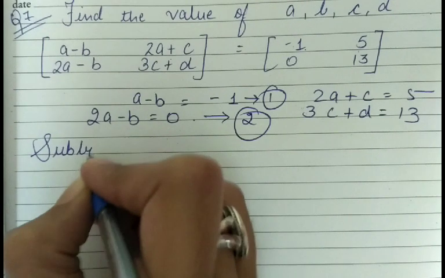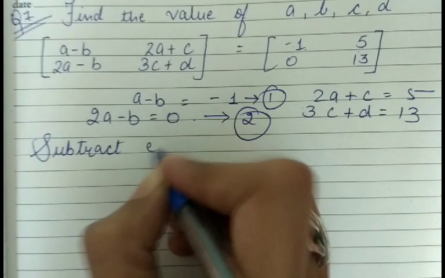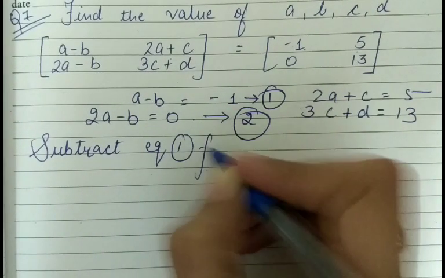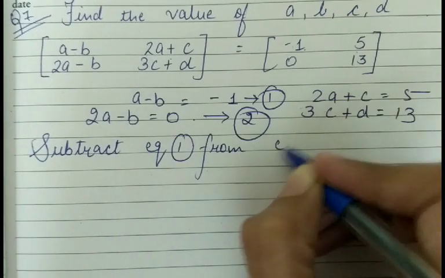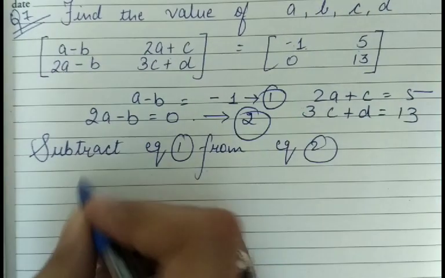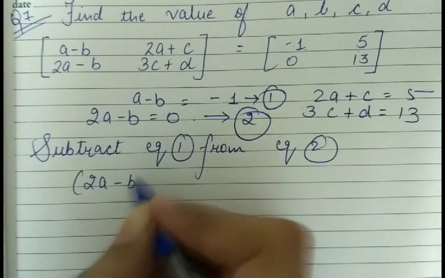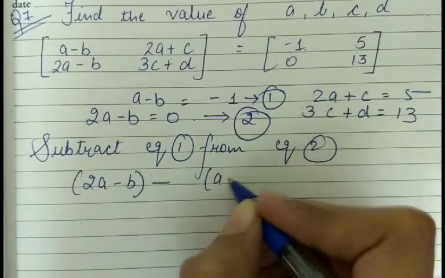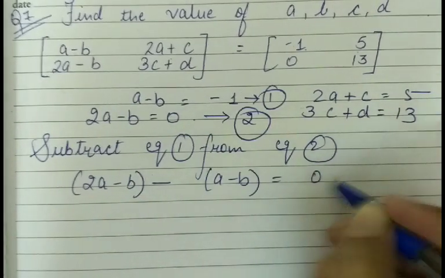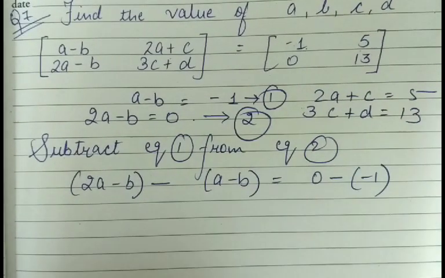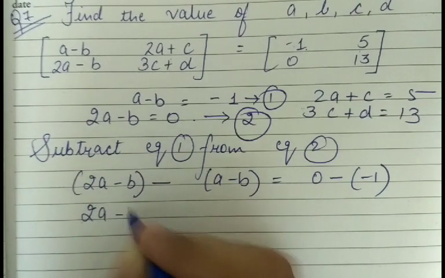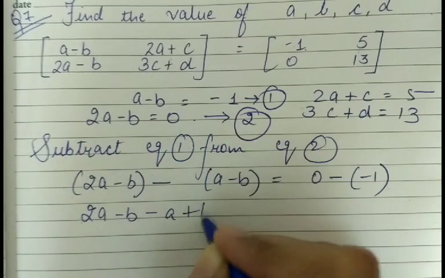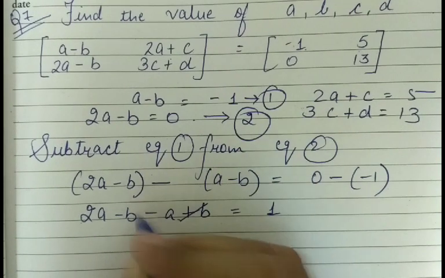Next, what we have to do? Subtract equation 1 from equation 2. So we got here 2a minus b minus a minus b equals to 0 minus minus 1. 2a minus b minus a plus b will be equals to 1.